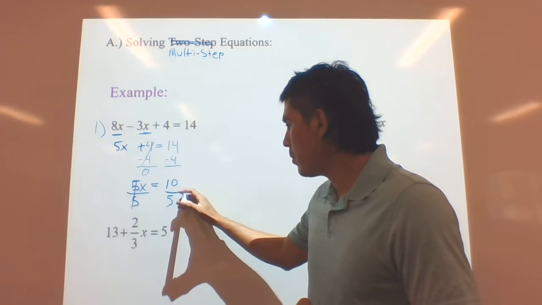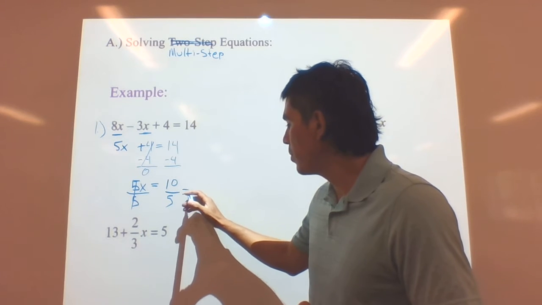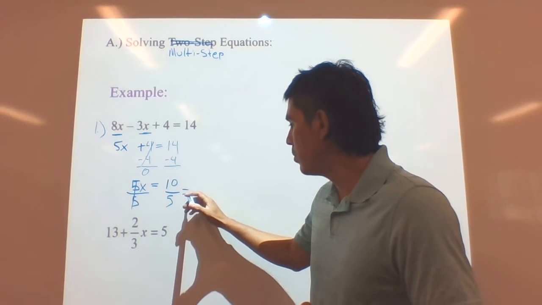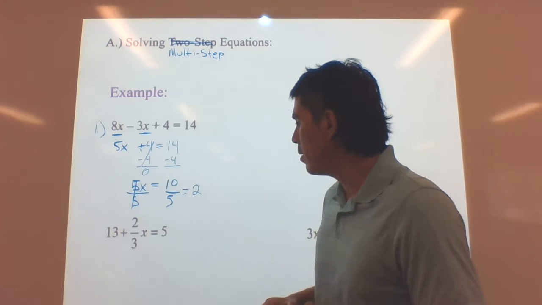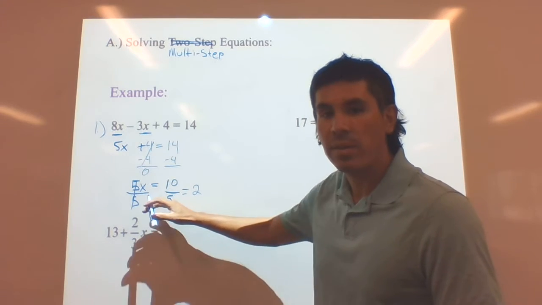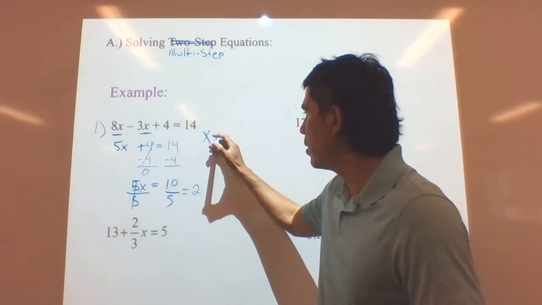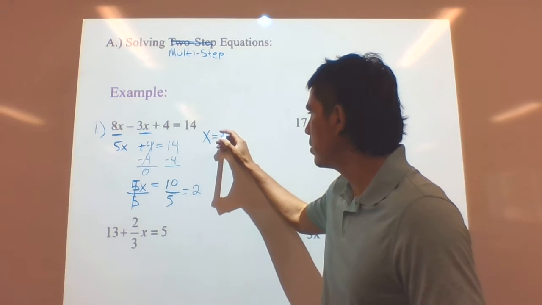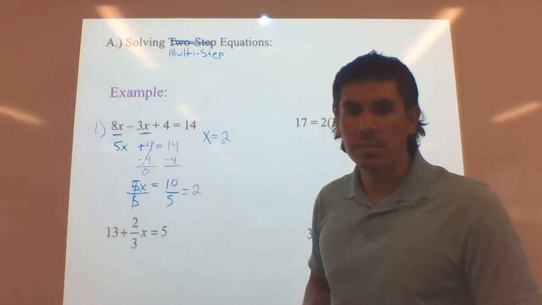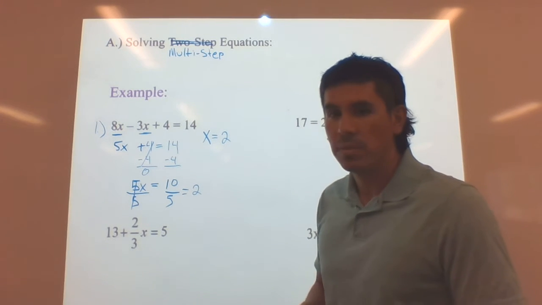So now this turns into 2. Okay? So now let's clean it up, right? It's looking kind of messy. So now the answer is x equals 2. Okay? X equals 2.